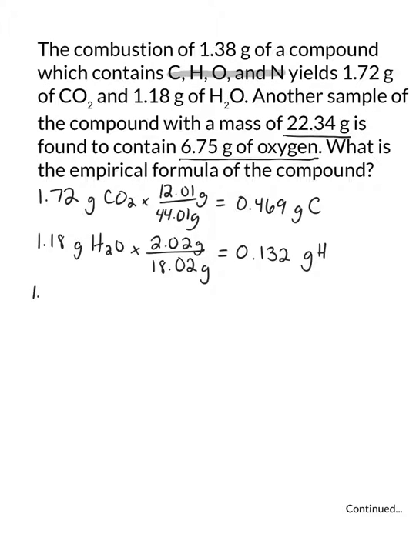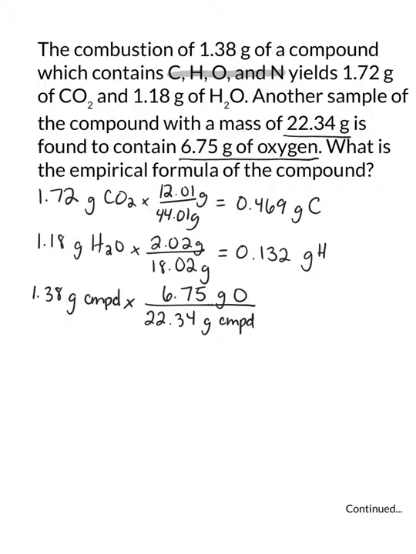I'm going to take 1.38 grams, and this is from my original compound. Okay. What I'm going to say is, right, in this new compound, so this other sample that I took, there were 22.34 grams of the compound. And in those 22.34 grams, I had 6.75 grams of oxygen. It is setting up a new conversion factor using some other experiment.